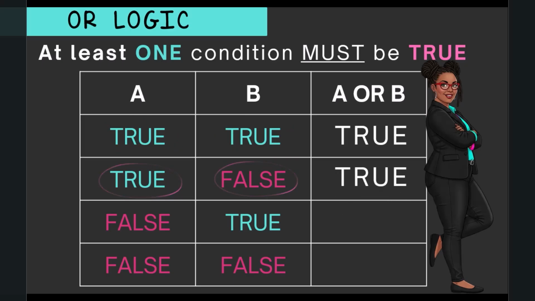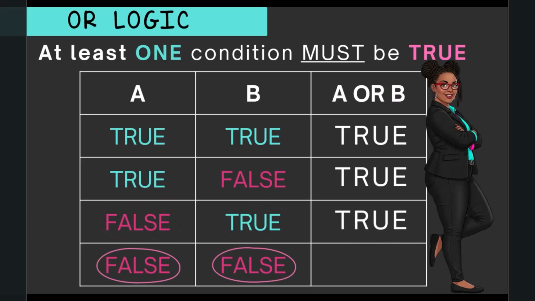If A is false but B is true, A or B is also true. The only time A or B becomes false is in the very last row, when both condition A is false and condition B is false. So the key takeaway for OR, the result is only false if every single input is false.